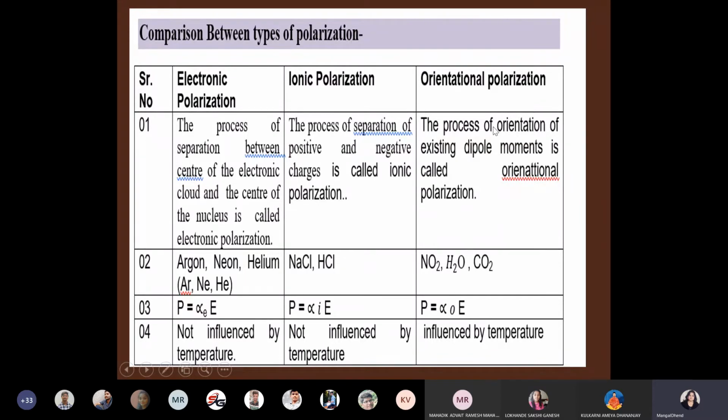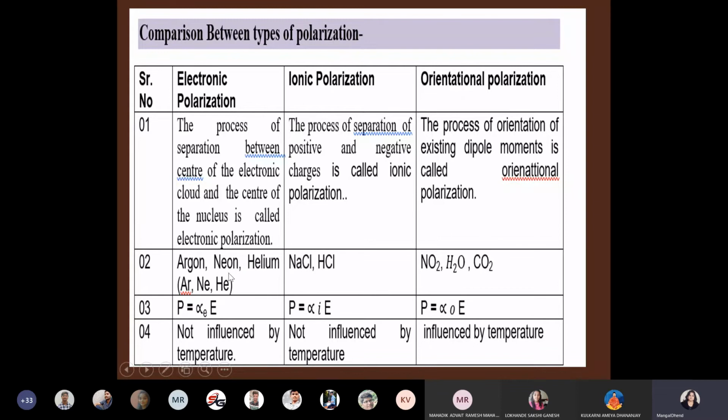And orientational polarization is the process of orientation of existing dipole moments. Now examples, you remember examples. Already I have given you examples. Ionic should be ionic crystals. Orientational polarization should be with covalent bonds and this. So CO2 is also an example. Argon, neon, rare gases.